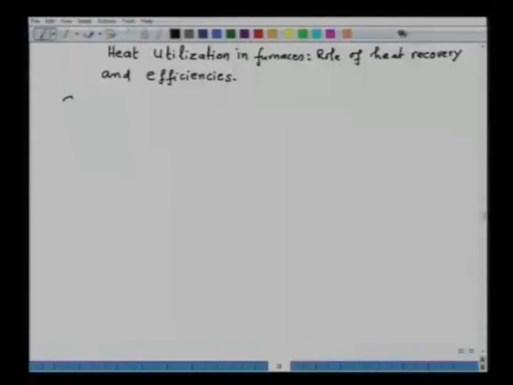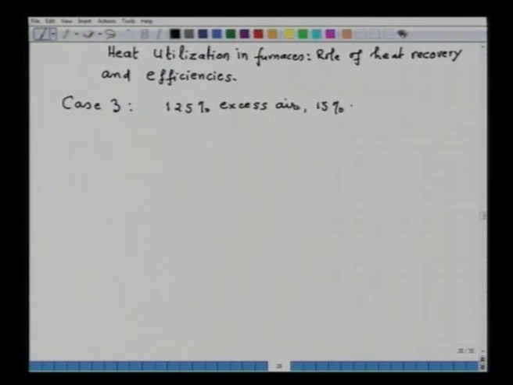Now, let me take another case, case 3. Case 3 concerns using 125% excess air, and the air leakage is 15% of theoretical air.